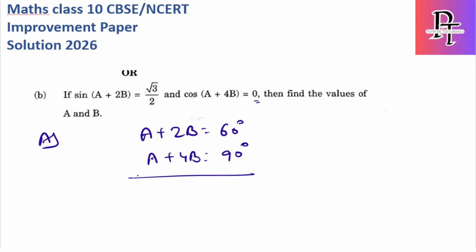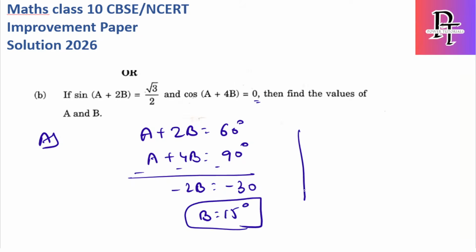So simply use the elimination method, minus minus minus, A gets cancelled out, you will get minus 2B is equal to 60 minus 90, which is minus 30. So the B value, that straight direct answer, B value is 15. So substitute in the first equation, we will get A plus 2 into 15 is equal to 60 degrees.